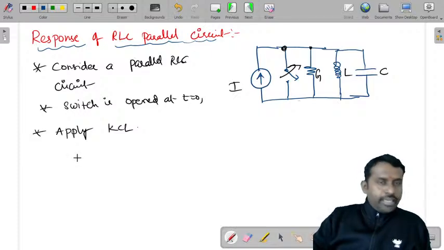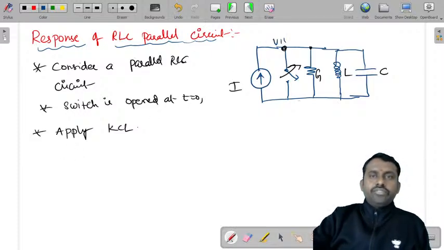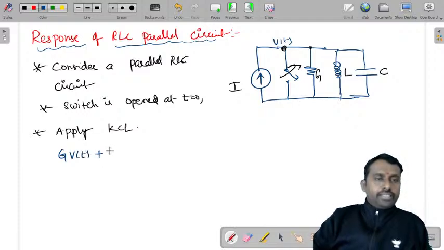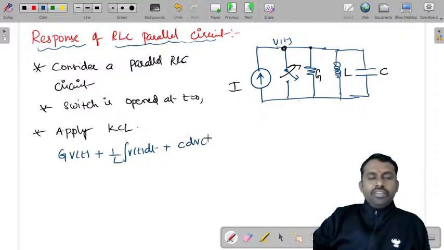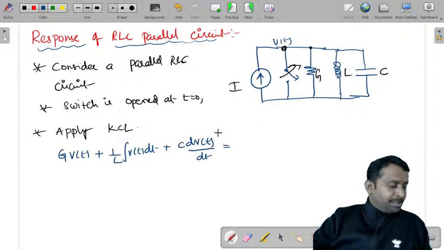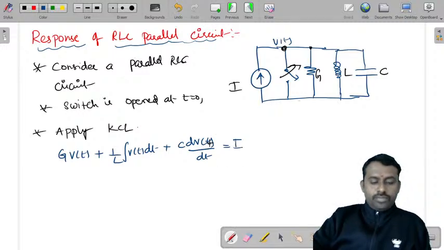When you apply KCL, if this is voltage V of t here, you will get G into V of t plus 1 by L into integral V of t dt plus C dV of t by dt is equal to I. So let's write this equation once again.